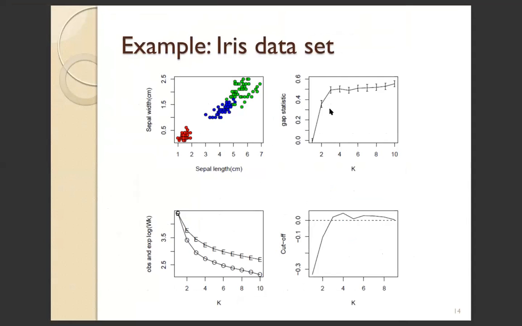Okay, so here is an example of applying the gap statistic to the classical iris data set. Everybody knows the iris data set, very famous. Here, basically, I look at two dimensions, sepal length and sepal width.